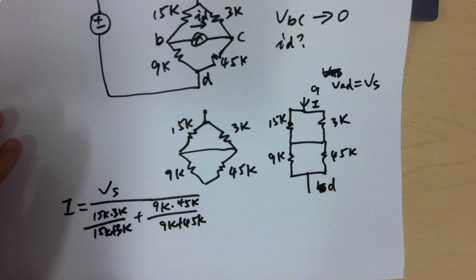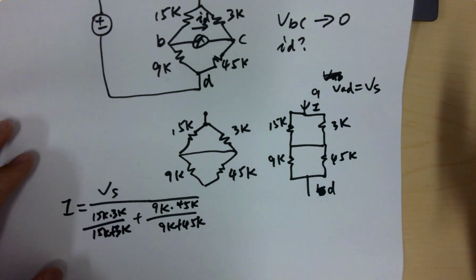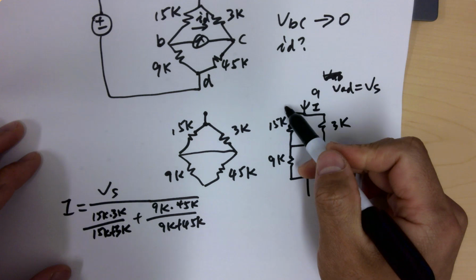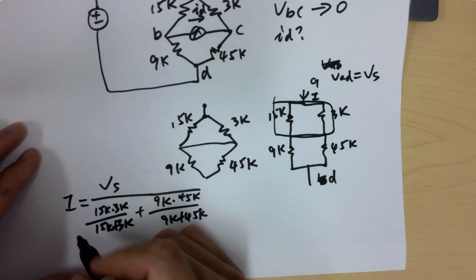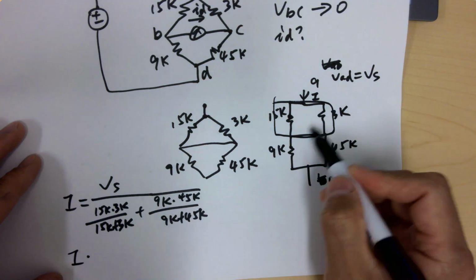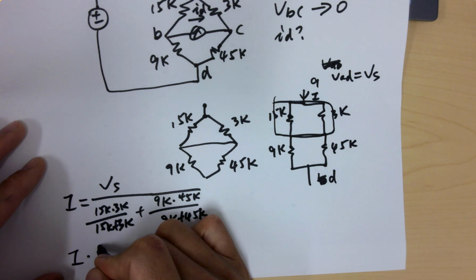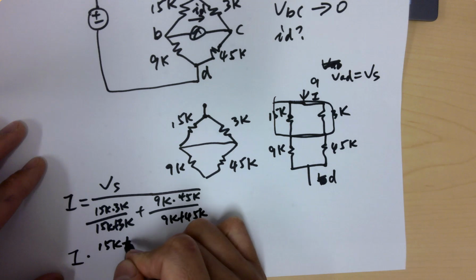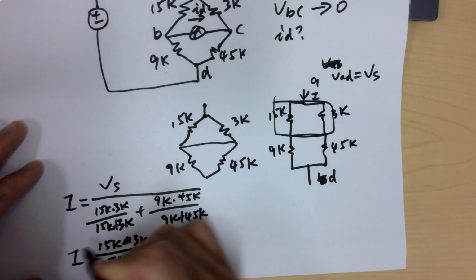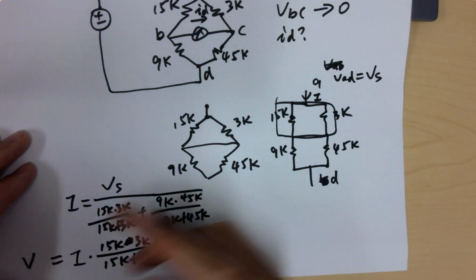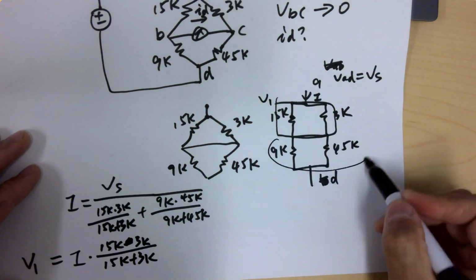If you get the overall current, you will be able to find the voltage dropped across this box, which is the current times this parallel resistance, 15K times 3K over 15K plus 3K. Let's label it as V1, and this is V2.